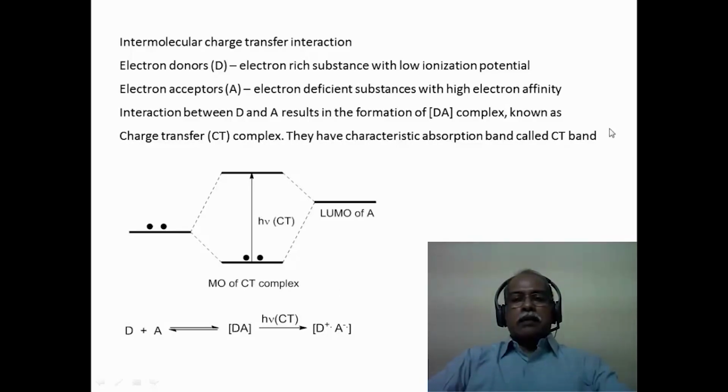Essentially, the charge transfer band is the transfer of an electron from the HOMO of the CT complex to the LUMO of the CT complex. So when the donor and acceptor come in close proximity, there is a charge transfer complex formation with an accompanying new band corresponding to the CT excitation. When that particular wavelength is used for exciting the molecule, it causes an electron transfer from the donor to the acceptor, forming the donor cation radical and an acceptor anion radical.